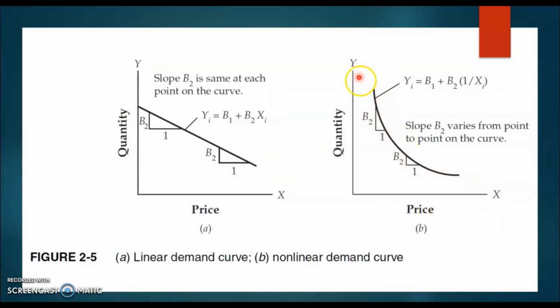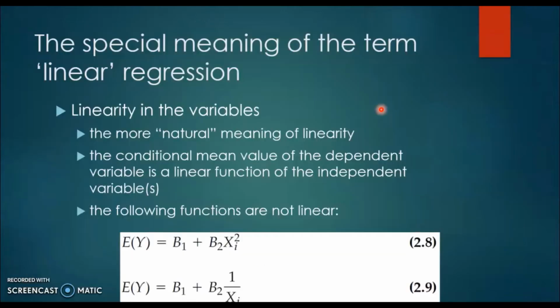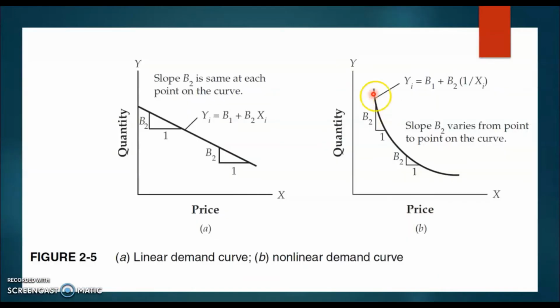So in 2.5b, we constructed the non-linear demand curve by following equation 2.9, where y is equal to beta 1 plus beta 2 times 1 over the independent variable, or 1 over x, while figure 2.5 is the regular linear demand curve. This is as in the population regression function that we have discussed before.